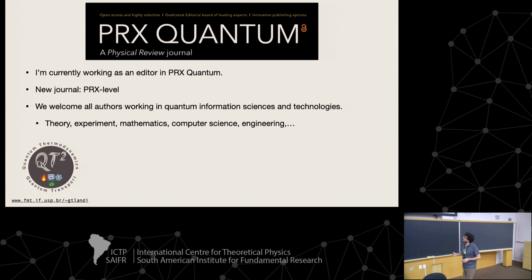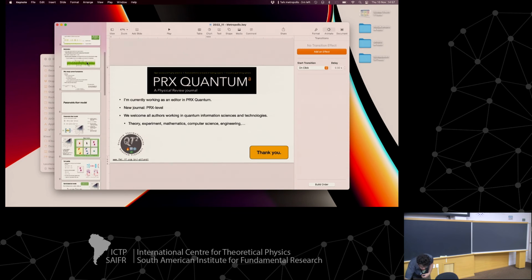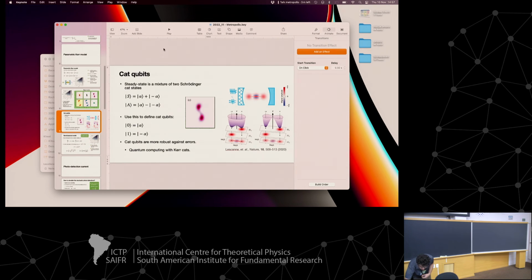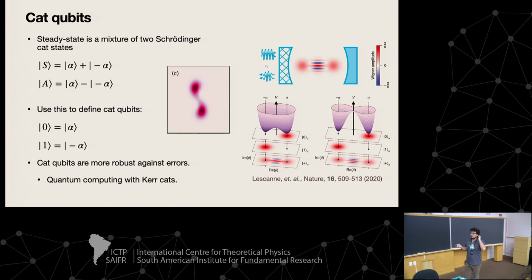Right, so pretty much it's not robust against any kind of noise. There are two sources of noise in quantum computers called bit flip and phase flip. This is not robust against phase flip, but it's very robust against bit flip, just because these are two almost macroscopically different states.